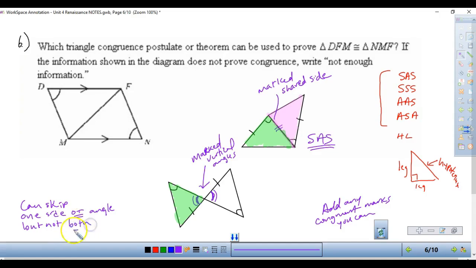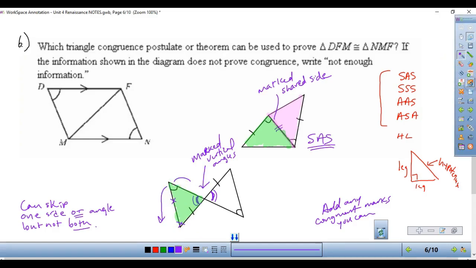So when you're reading your way around the triangle, let's say I started right here. So this would be angle. And if I start going this direction, do you see how I'm going to skip this side here and I'm going to skip this angle here before I get to the next thing? That's not legal, so I can't read that direction. So I'd have to read this direction, so I skip less stuff.